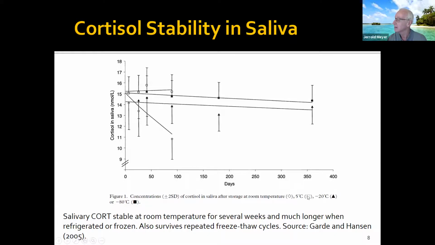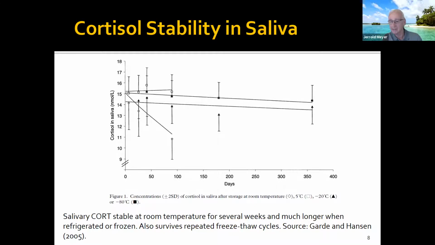I'm not recommending that. 5 degrees Celsius is here, refrigerated. Minus 20 is here. For some odd reason, this seems to be sloping down a bit. And then minus 80. You see the variability here, so these are pretty much flat. Salimetrics recommends minus 80 storage if you are keeping saliva samples for more than a month or a couple of months.